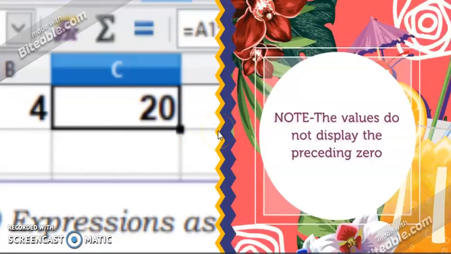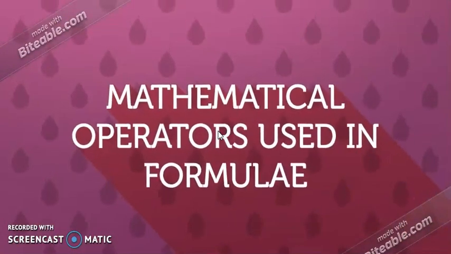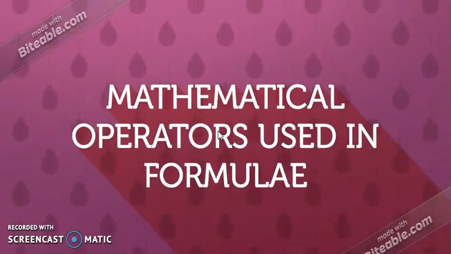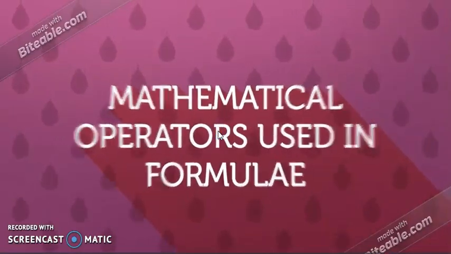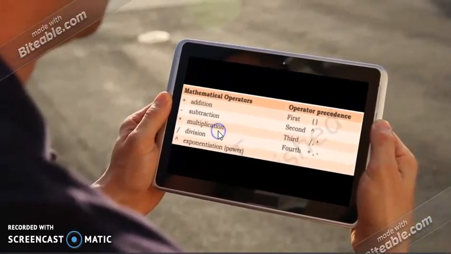So let's begin with the mathematical operators used in formulae. Spreadsheet software has the most powerful feature to calculate numerical data using formulae. As we use a calculator for calculations, Calc can add, subtract, divide, multiply, and much more. LibreOffice Calc uses standard operators for formulae such as plus, minus, multiplication, division for arithmetic operations.